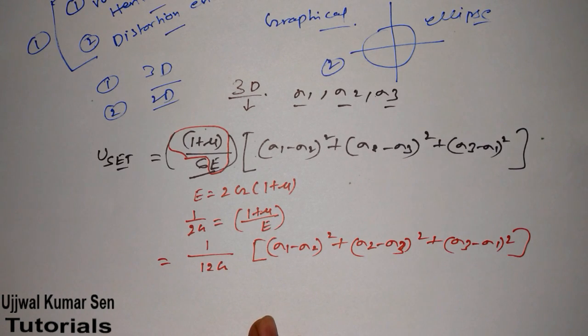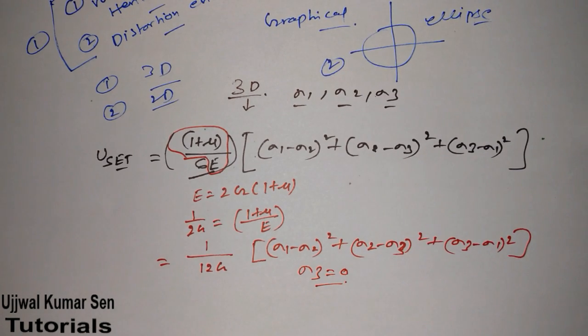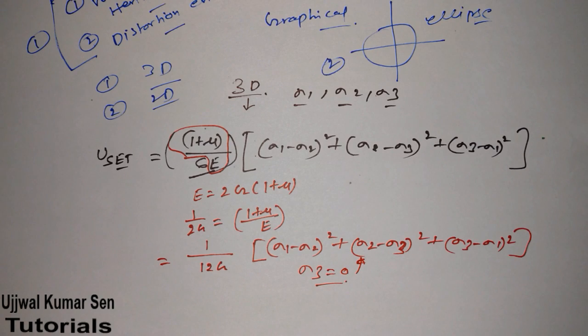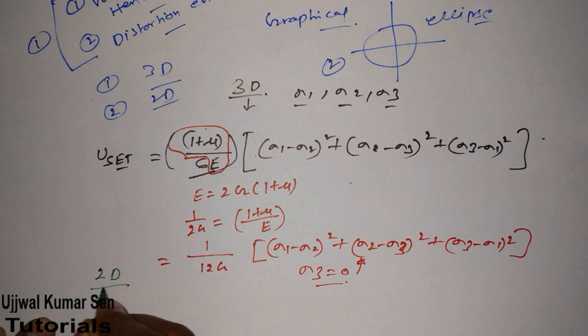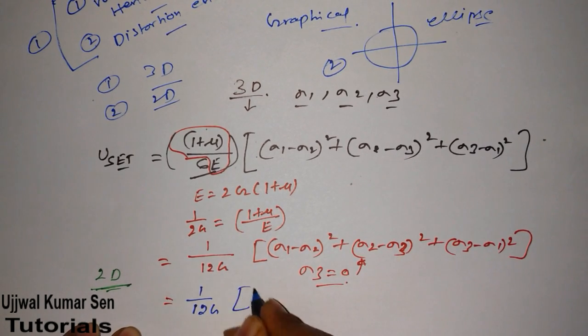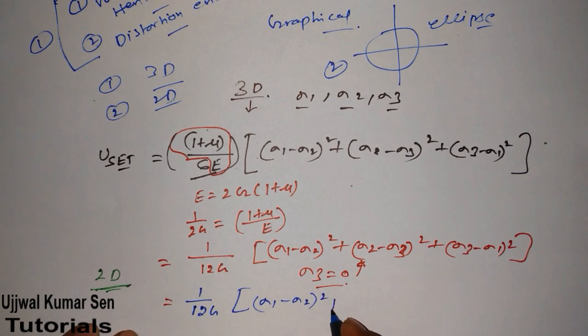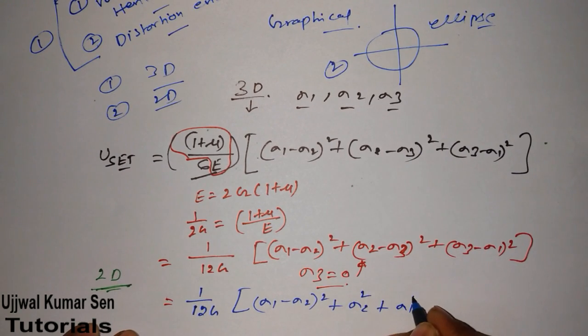Now if we are talking about 2D, what will happen? We just have to put sigma 3 equal to 0 in this equation. Then we get 1 by 12G times [(sigma 1 minus sigma 2) whole square plus sigma 2 square plus sigma 1 square].